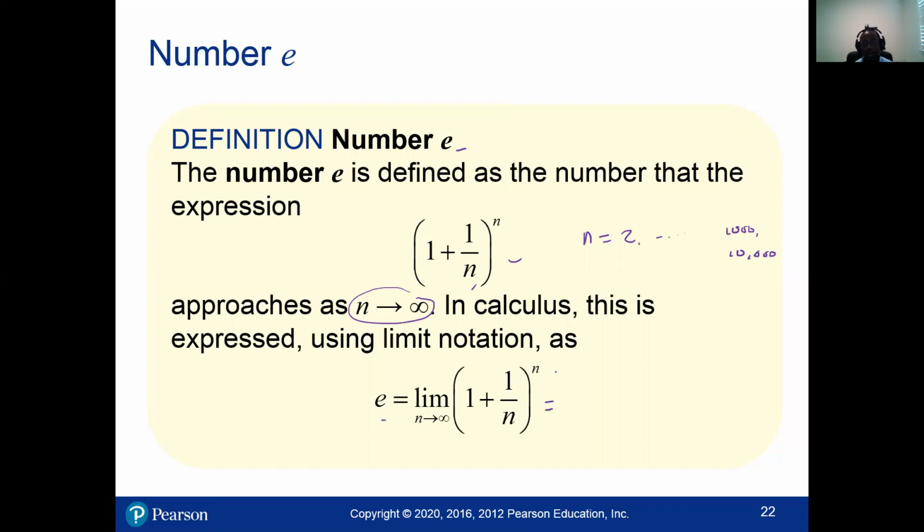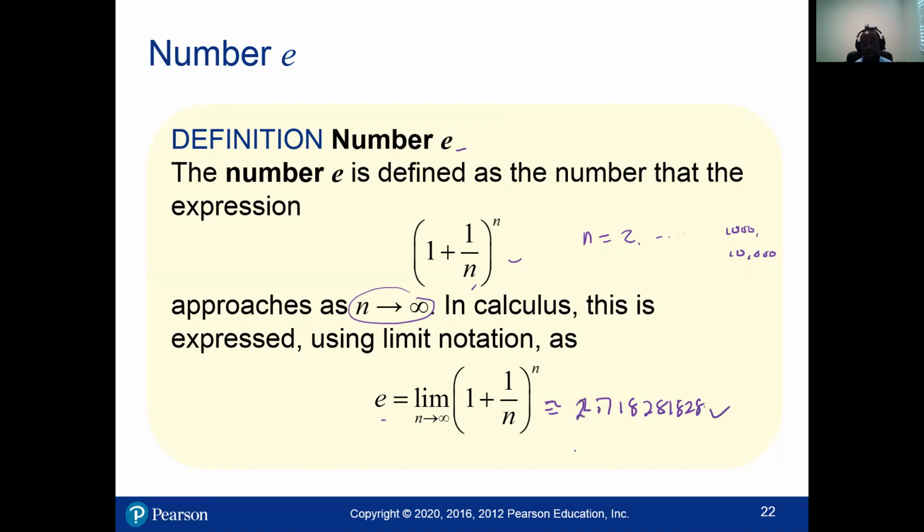In fact, e is approximately 2.71828. This is the value of this expression.